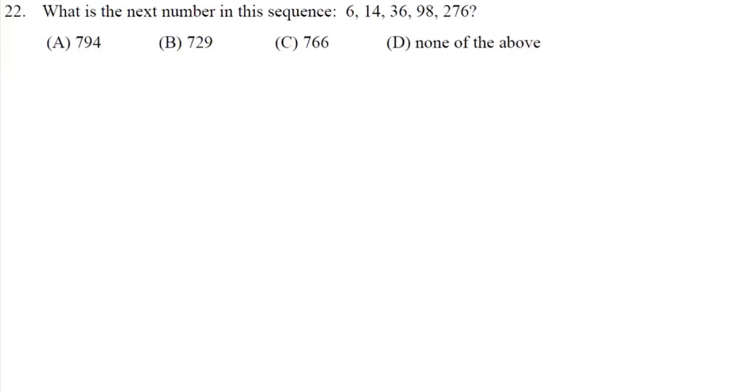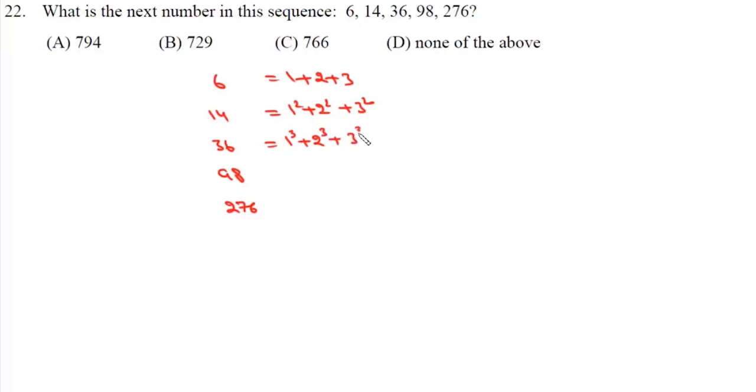Now in question number 22, the sequence we have is 6, 14, 36, 98 and 276. Now 6 is 1 plus 2 plus 3. Now 14 is 1 square plus 2 square plus 3 square. 36 is 1 cube plus 2 cube plus 3 cube.